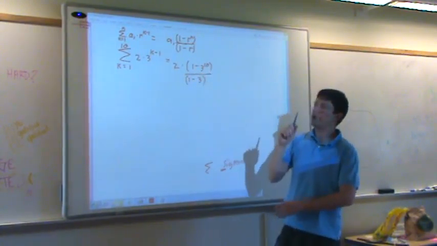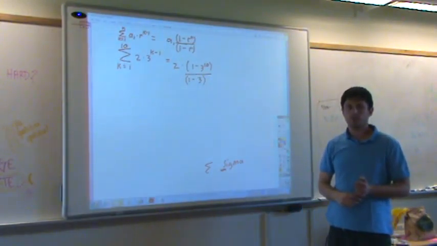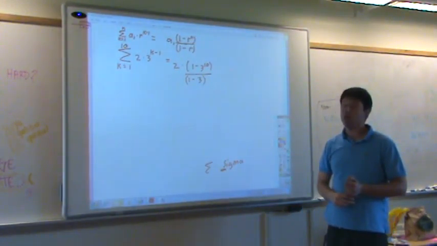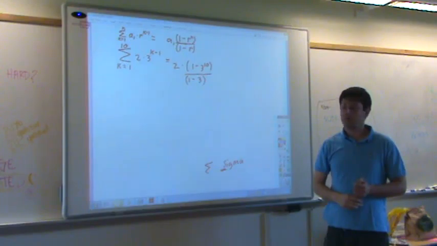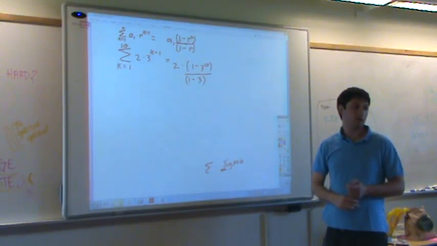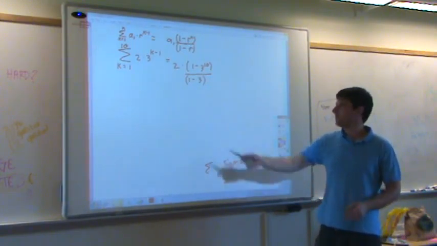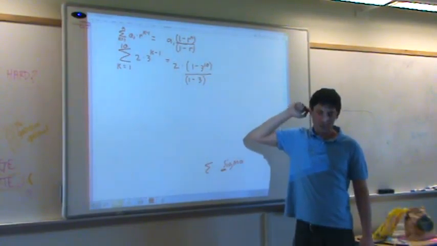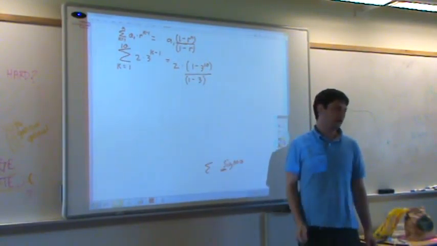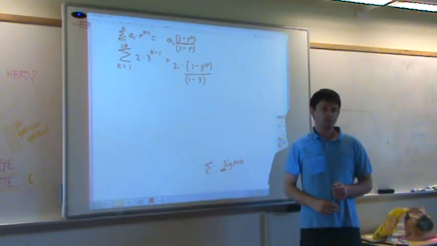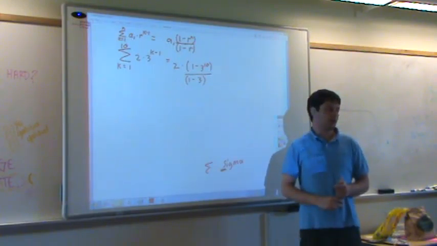Is the top positive or negative? It's 1 minus a really, really big number. Bottom, positive or negative? Negative. So what should the whole thing be then? Positive. Good.